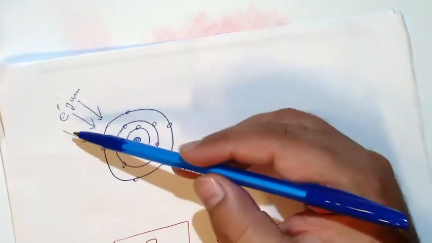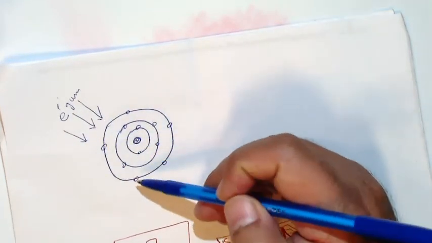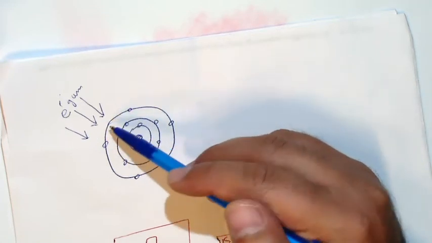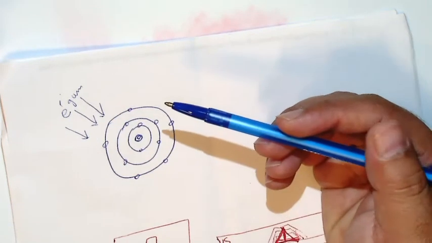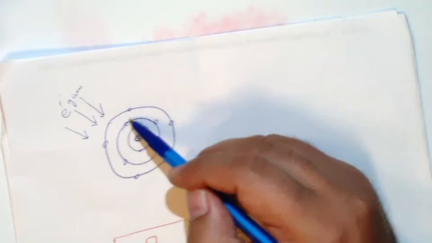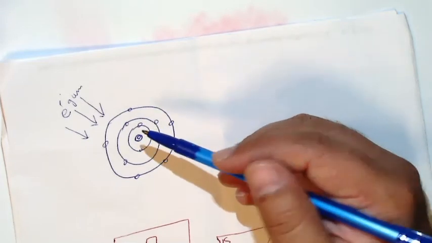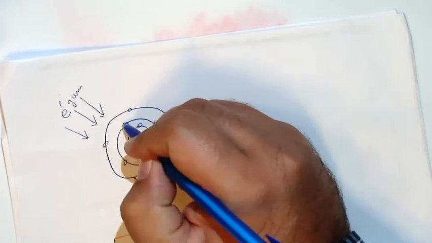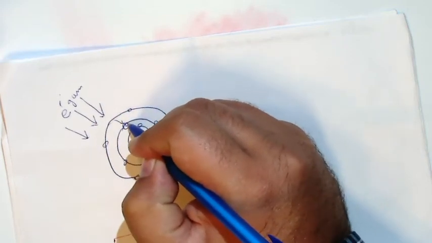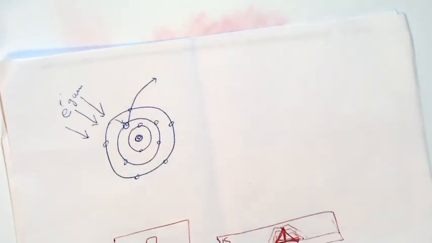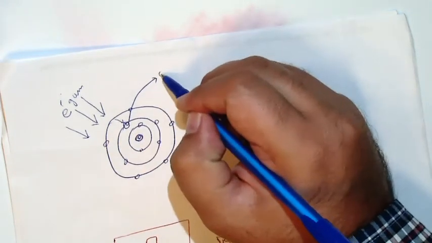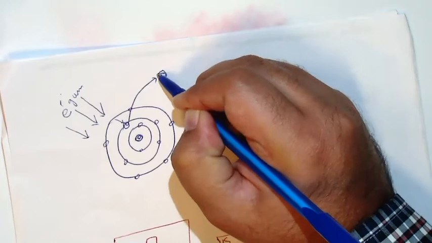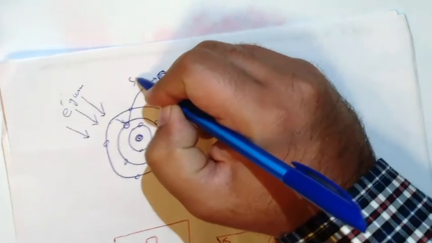So when an electron hits the surface, it will transfer its energy based on how energetic it is. It may hit other electrons to kick them out. So when an electron comes and hits one, it kicks it out from its core shell. When it kicks it out, this electron is called the secondary electron.